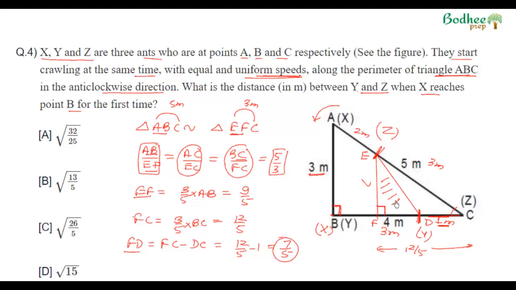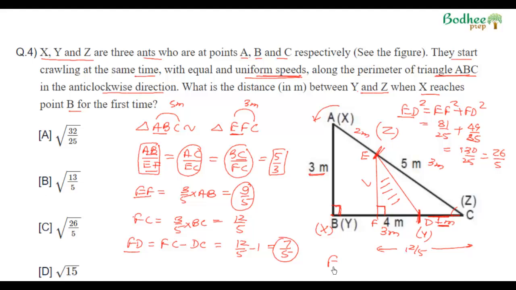Applying Pythagoras theorem here, ED square will be equal to EF square plus FD square. EF square is 81 by 25 and FD square is 49 by 25. On addition, I'll get 130 by 25, which reduces by 5 to 26 by 5. So this is ED square.